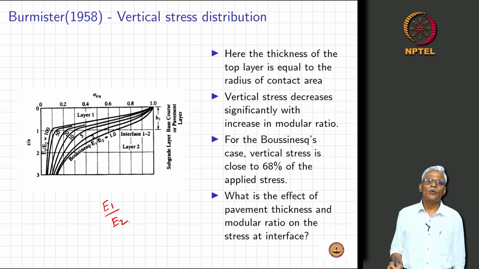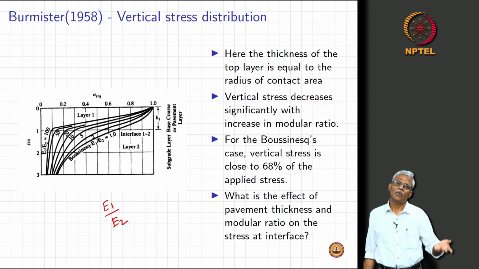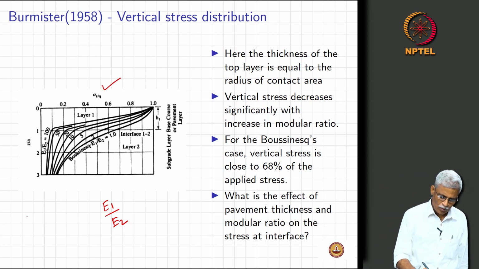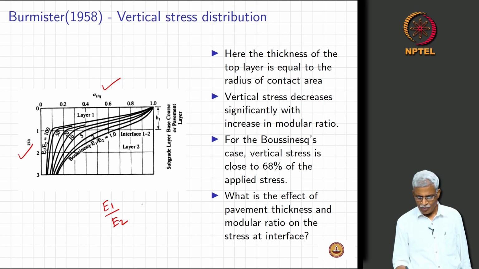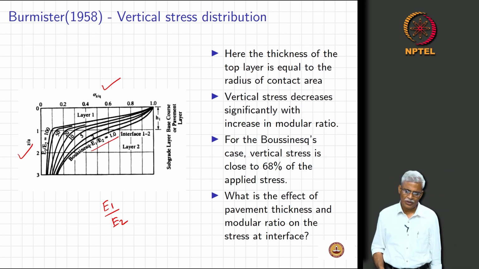When you are using these nomographs, you need to understand that everything has to be dimensionless. So, you are going to see sigma z by q, z by a, and also E1 by E2. The modulus ratios are also being used here. Now, when E1 by E2 is equal to 1, you get your Boussinesq equation.